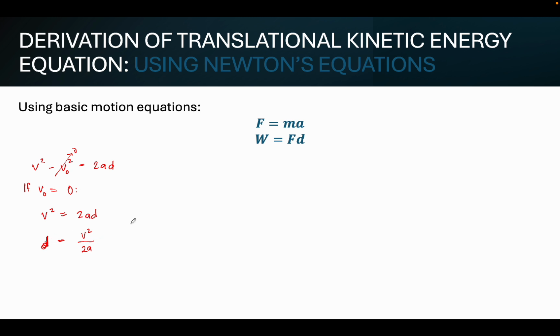Now, if we substitute d into our work equation, force is ma, and d is v squared over 2a. So work is equal to force times displacement. Our force is m times a, and then our d is v squared over 2a.